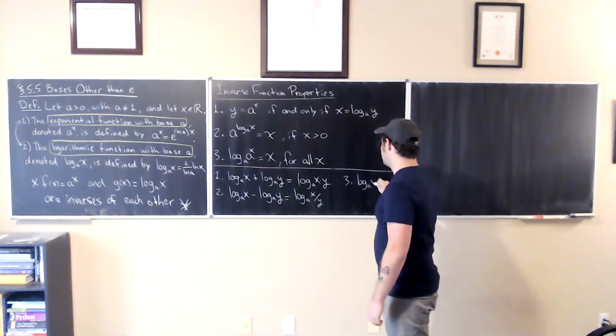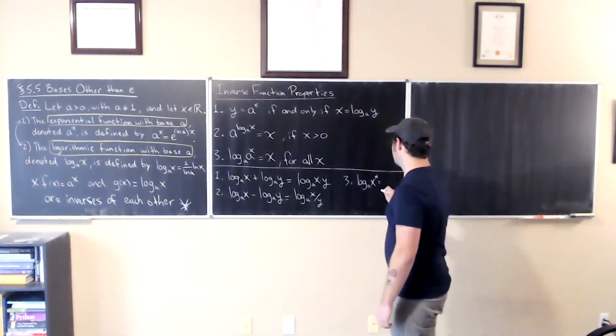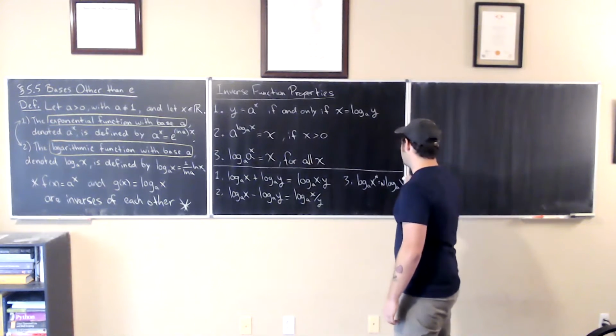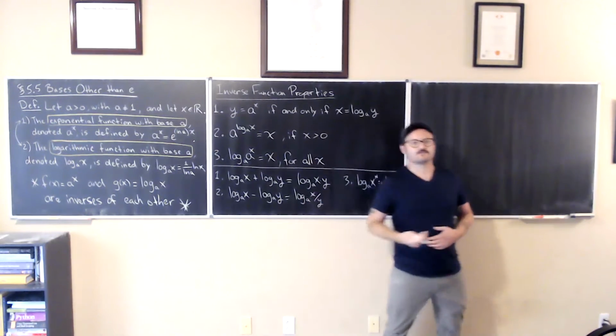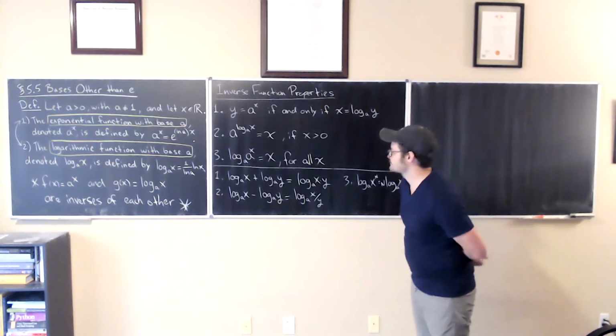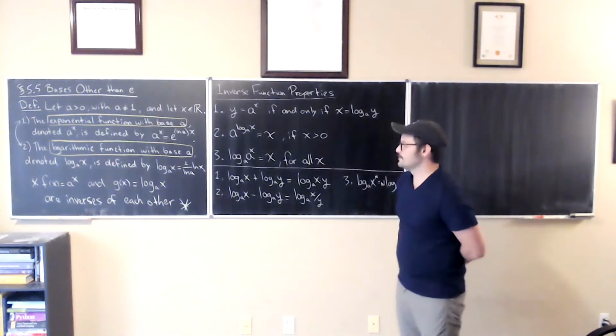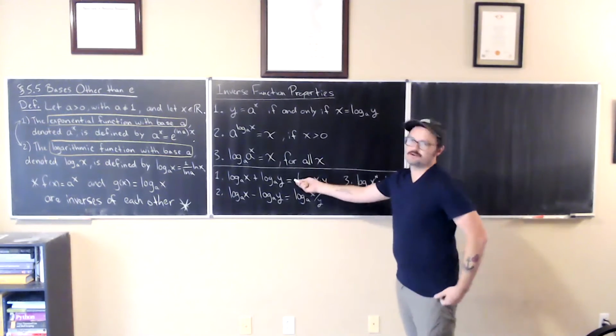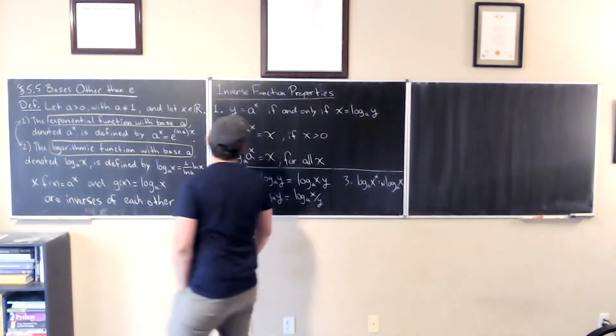Log base a of x to the power n is equal to n times log base a of x. All of the standard rules still apply there. I'm almost tempted to show you how to argue why one of these might be true.